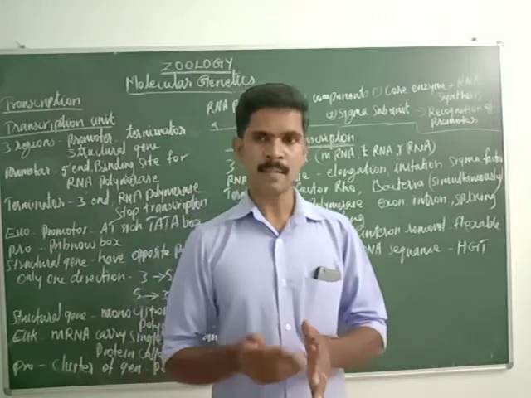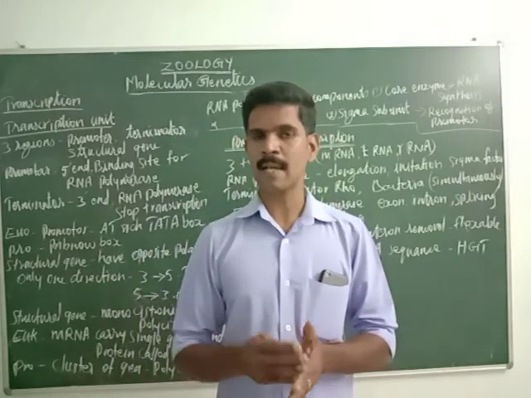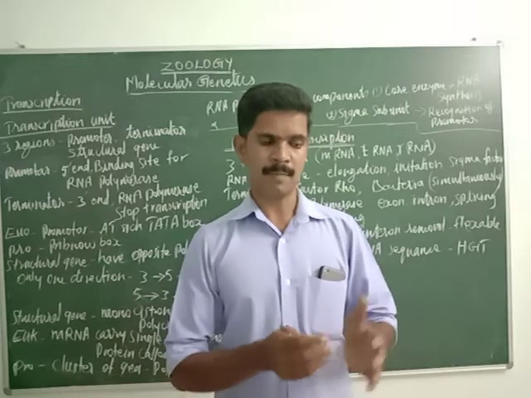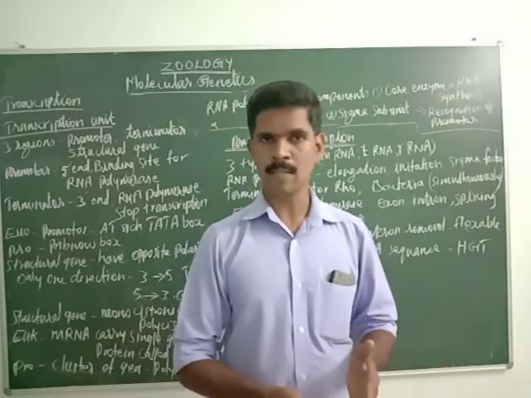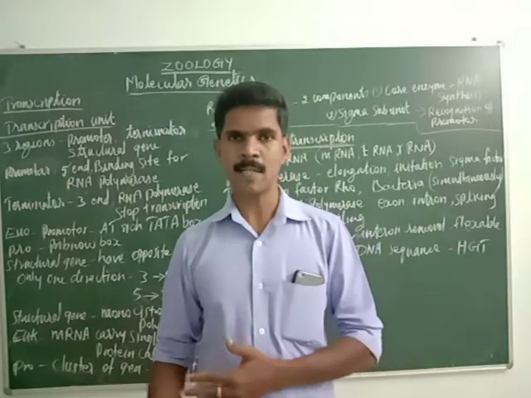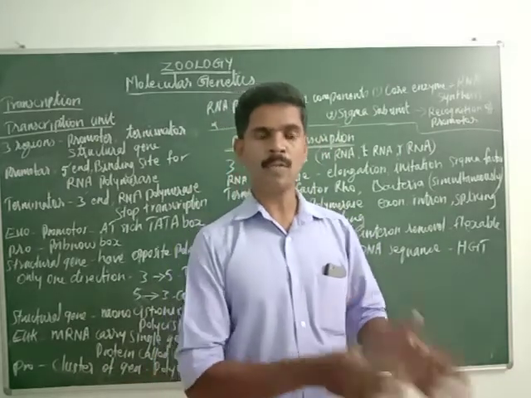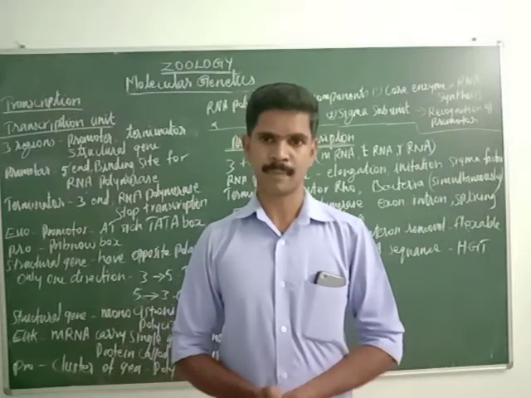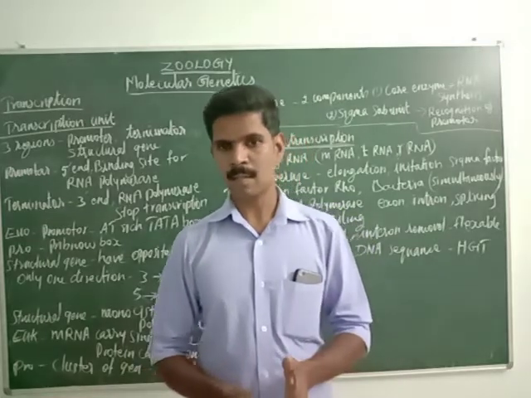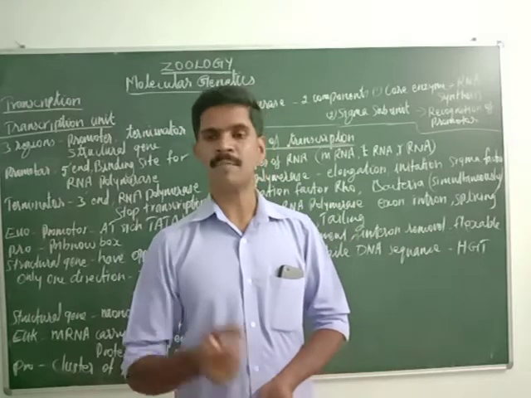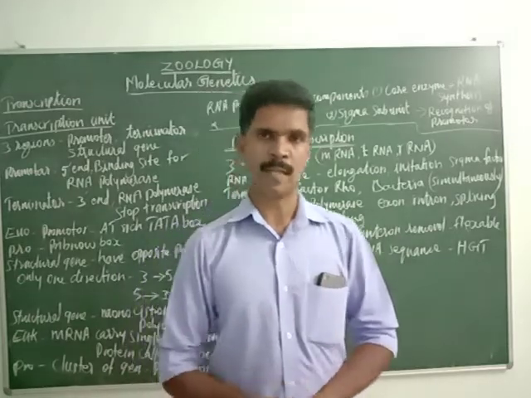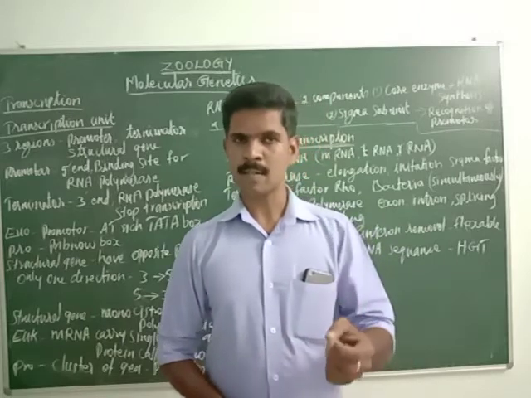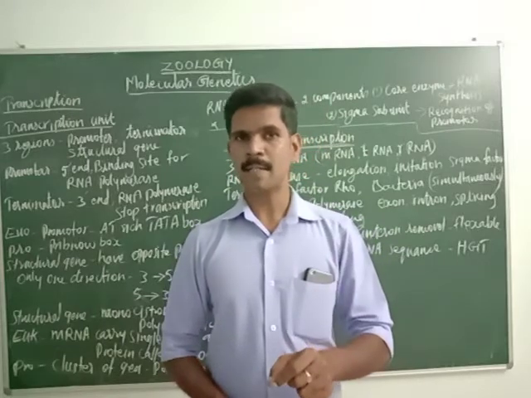That means these introns can transfer between two eukaryotic organisms, or between two prokaryotic organisms, or between one eukaryotic organism and one prokaryotic organism. Understand? And this horizontal gene transfer plays a very important role in the evolution of life. So I repeat the last point. Introns are mobile genetic elements.